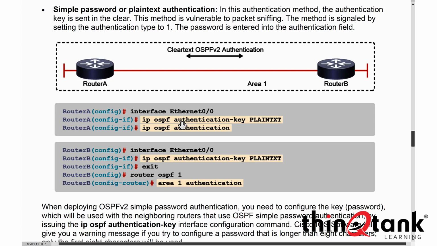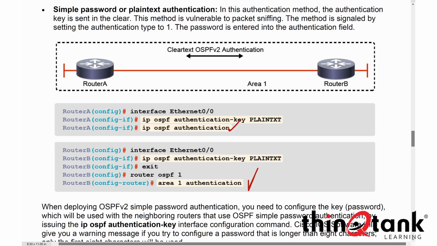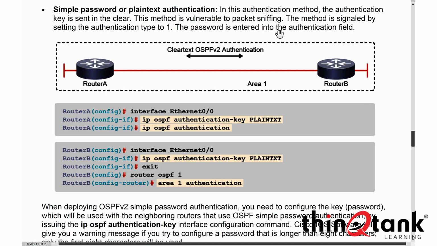You'll notice that the key, even though the authentication method can be specified at the interface level or in the OSPF routing level, as you can see here, we apply the key to the interface in both cases, which means that key only applies to that adjacency. Now, you can use the same key for other peers, but generally it's recommended to have different keys for different peering sessions just to protect those individual sessions.